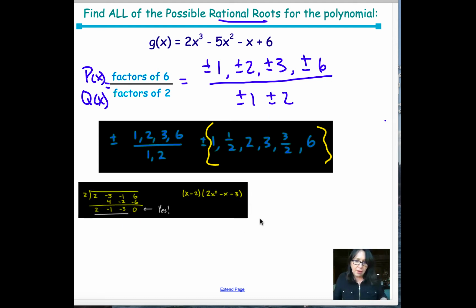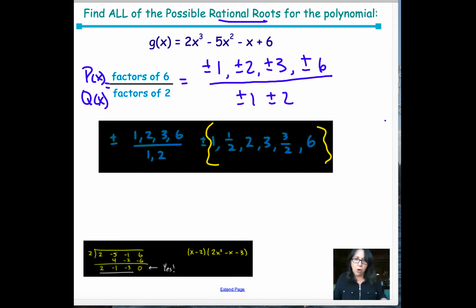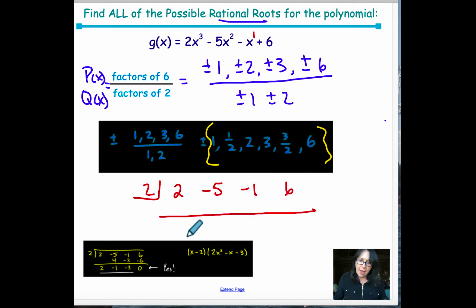Now this is just another option for synthetic division. If I chose to plug 2 into my synthetic division, into this equation, you've got 3, 2, 1, 0. That works. So 2, negative 5, negative 1, and then 6. So I'm going to draw my line, add down, multiply across, add down, multiply across, add down, multiply across, add down.